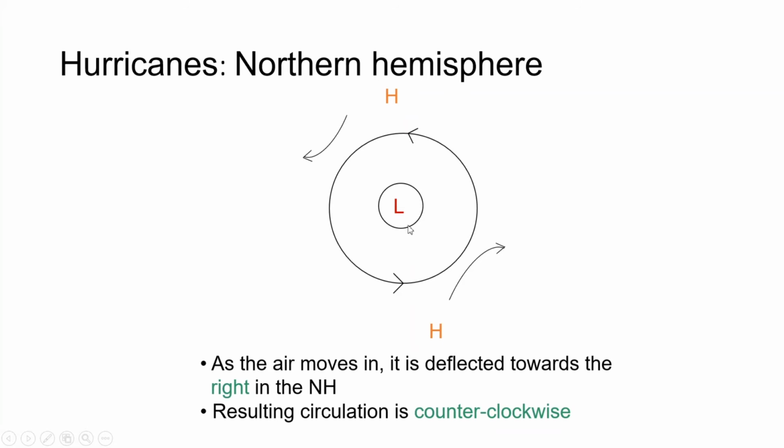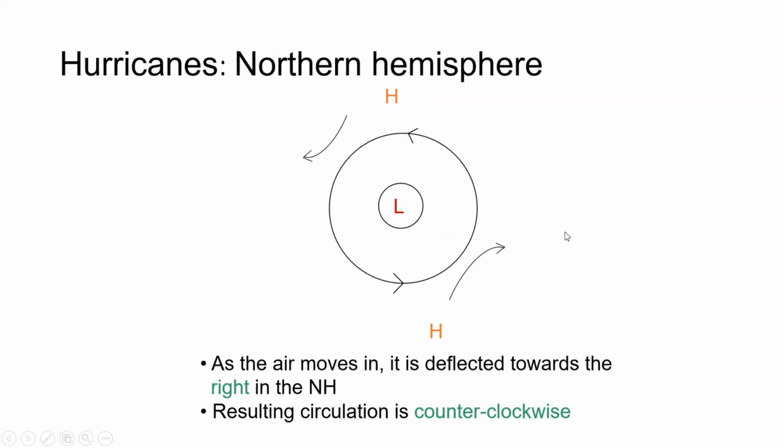It should blow in this direction, but due to the Coriolis force, it blows towards the right. So the wind curves towards the right. Similarly here, the wind should blow from north to south, but due to the Coriolis force, the wind curves to the right side, and due to which there is a circulatory pattern, because the air is gushing toward this low pressure, but due to these curvatures, there is a circulation, and this is in anti-clockwise direction.